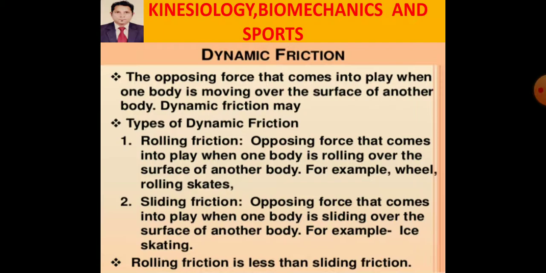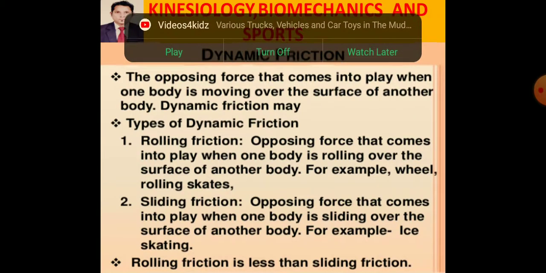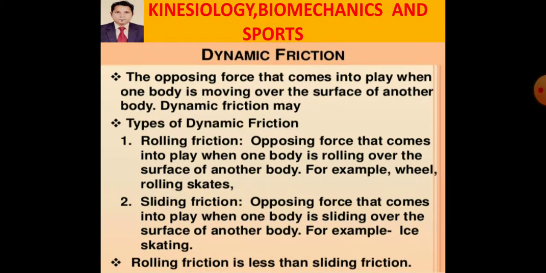Sliding friction is the opposing force that comes into play when one body is sliding over the surface of another body. In this case, one body slides over another. For example, ice skating. Rolling friction is always less than sliding friction.